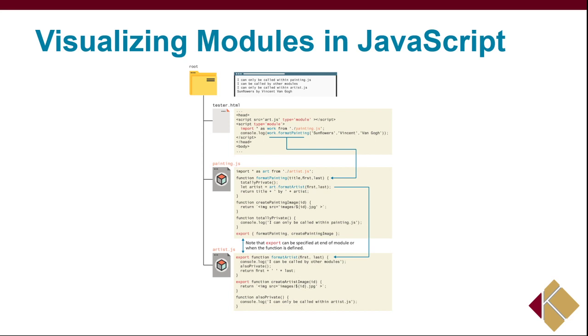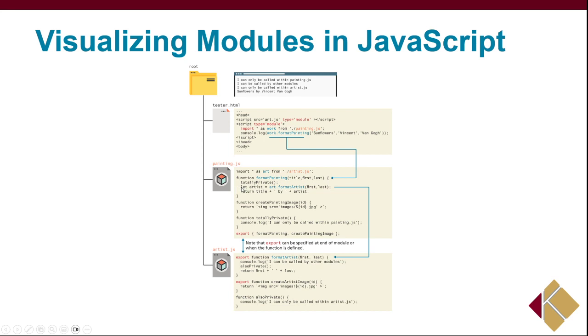And then we go down to our JavaScript file because we're looking for work.format painting from painting.js. What is that? Okay, so we go down to our painting.js file and we're looking for something called format painting. Well, format painting is this function right here. It takes a title, first, and last. I'm assuming name. Does this thing called totally private.